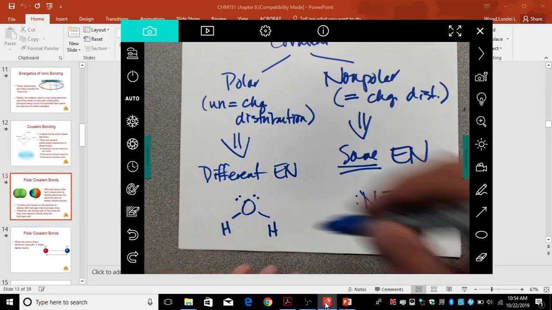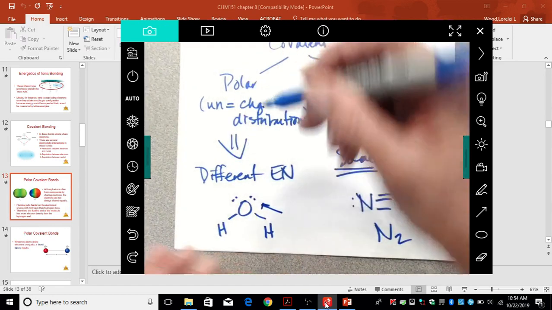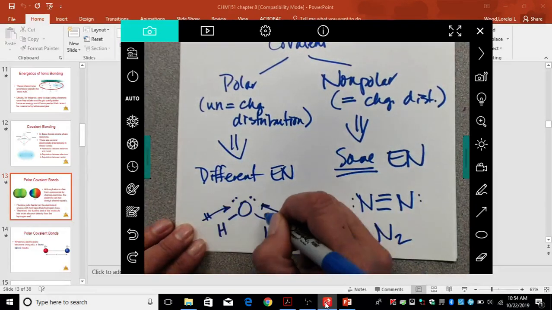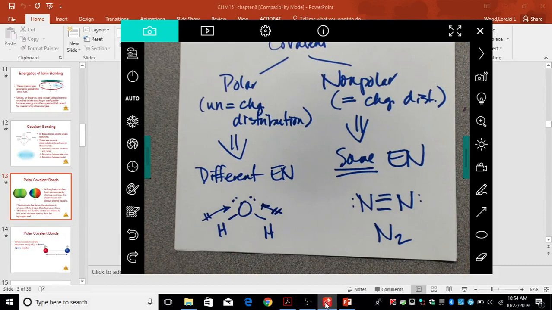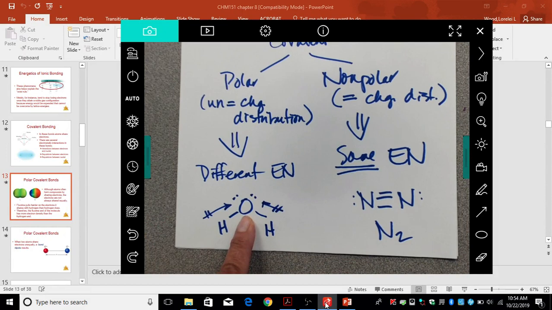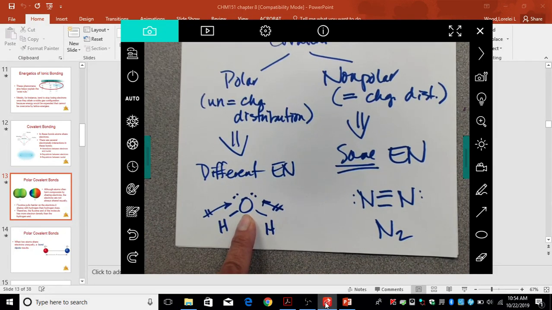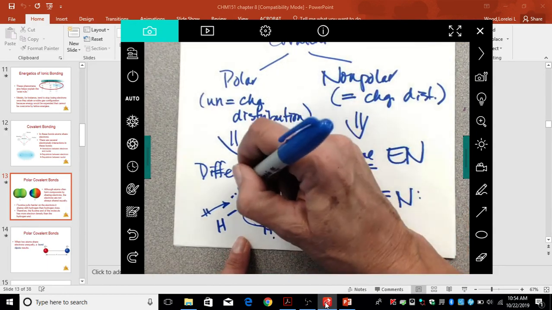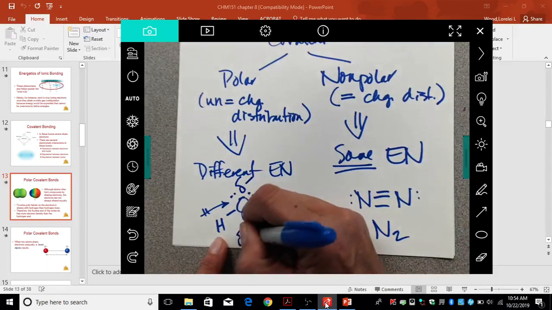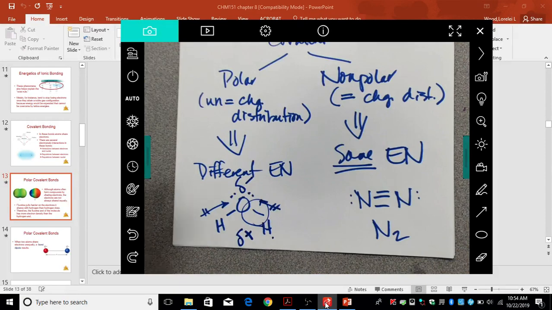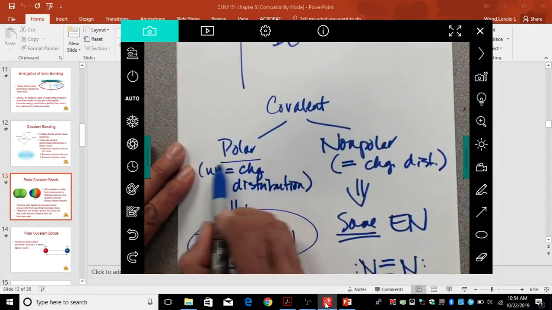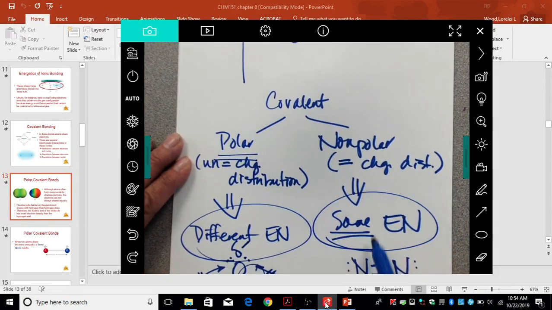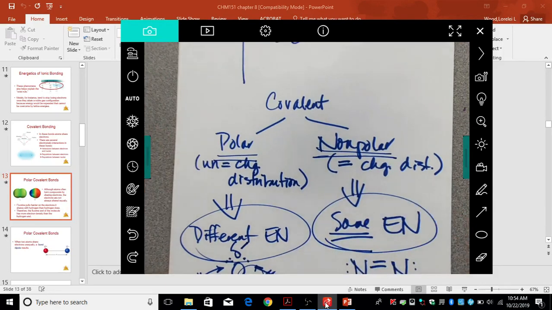So what happens is you'll see in the textbook they're going to use some symbols like this to show that the sharing in the context of this bond is unequal, that oxygen is much more greedy for the shared electrons between them than hydrogen is. So they say that this has a partial negative charge and this side has a partial positive charge. So different electronegativities are polar covalent, same electronegativities are non-polar covalent, and that's the big difference between the two.